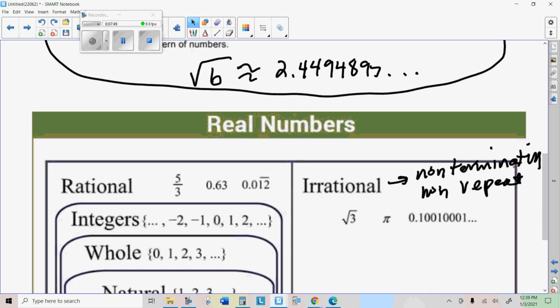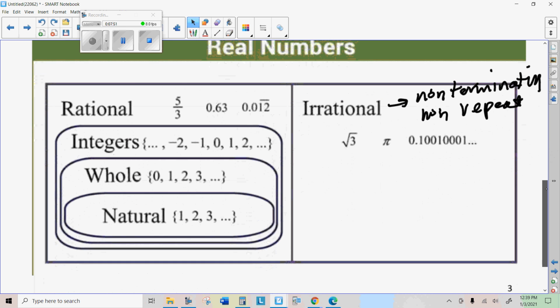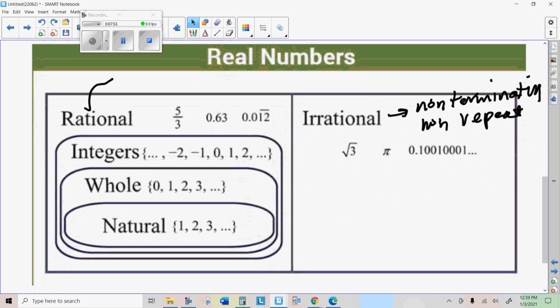If the number either repeats or terminates, then we're going to say that that's a rational number. So irrational numbers are only those ones that go on forever and ever randomly. And here are 3 examples of those. Regular rational numbers may turn into decimals that repeat like this one, or they may just end like this one.